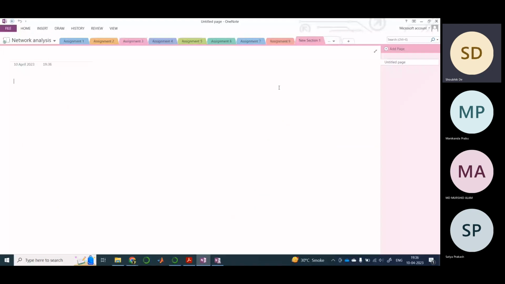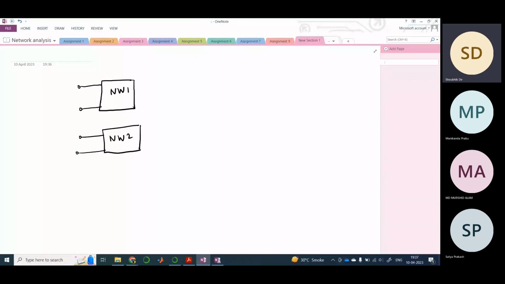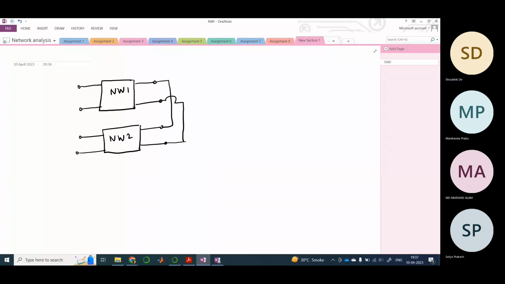So we will try to quickly redraw the circuit here. So this is network 1 and this is network 2. So this is one port, this is another port, sorry, this is the same port. And this is connected to this, and this is connected to this, right?